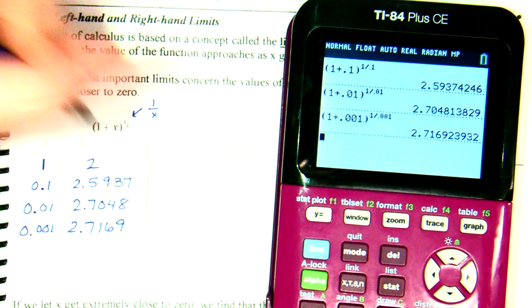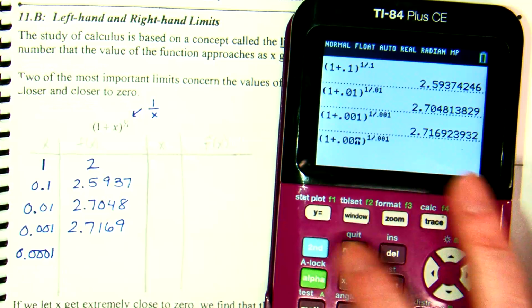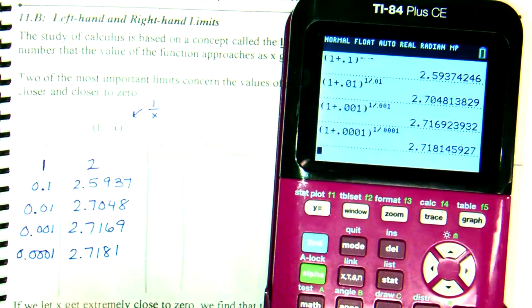Let's go one more time here on the positive side. Going to insert a 0, type in another 0 in the denominator. 2.7181.